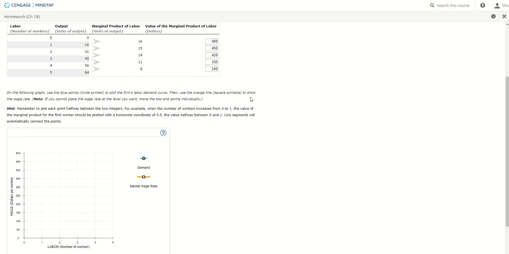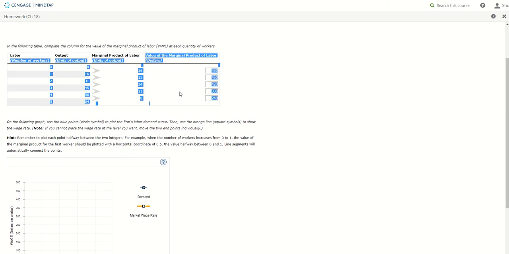All right. So next we're going to graph. On the following graph, use the blue point to plot the firm's labor demand curve. Then use the orange line to show the wage rate. So to find our demand for labor, that will be the line for the VMPL.